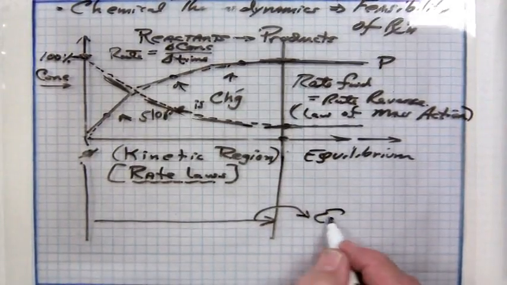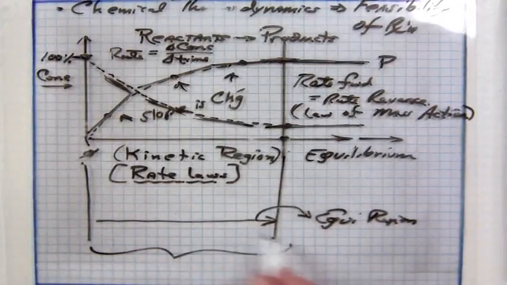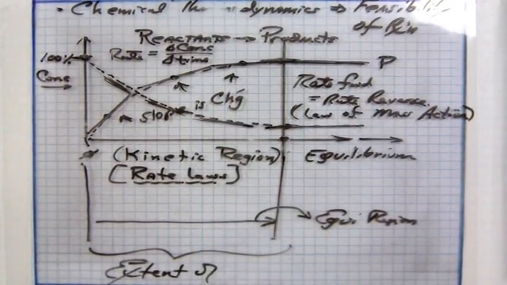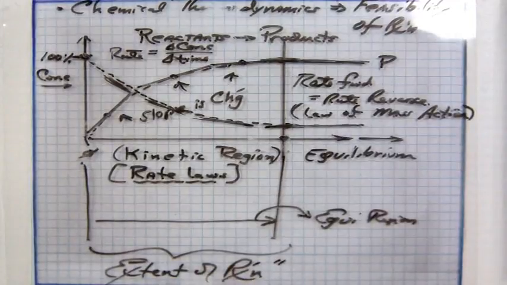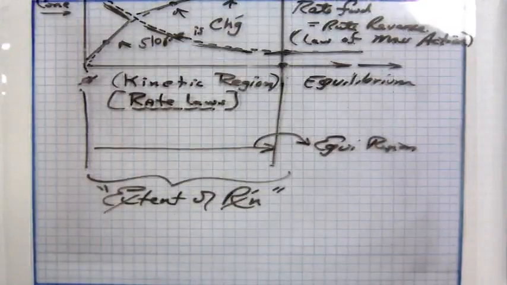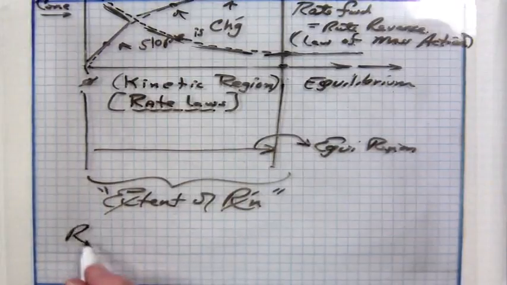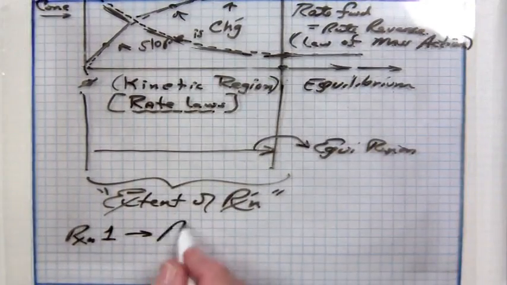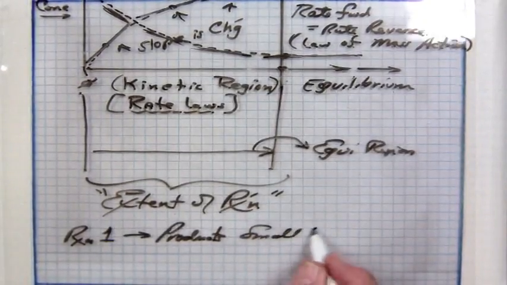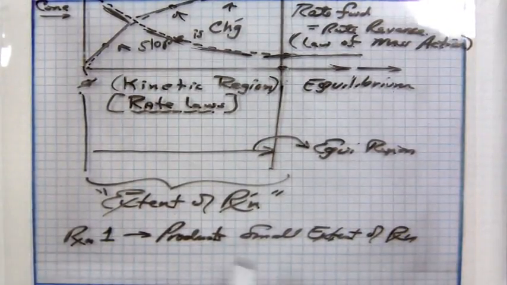It goes a long way before it hits the equilibrium point. These numbers are called equilibrium constants. Every reaction has its own personal equilibrium constant. Some are very, very small. Some are very, very large. But equilibrium constants are characteristics of a given type of reaction.